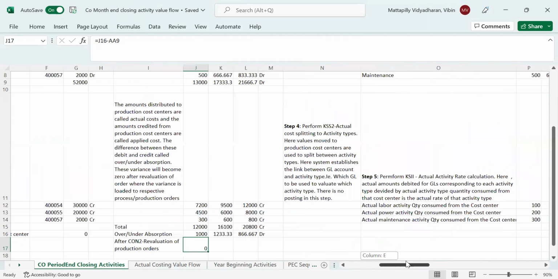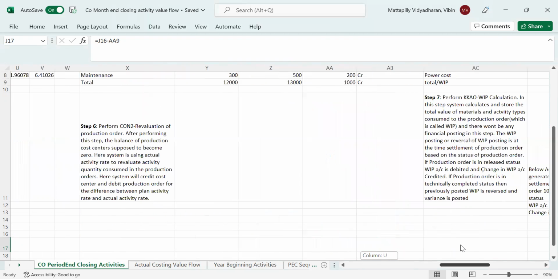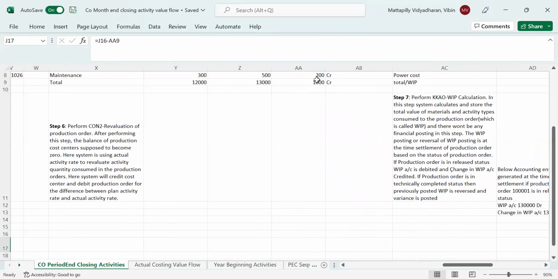What is AA9? This is AA9, and that means this is 0. So this is the revaluation of order. This is about revaluation of production orders.